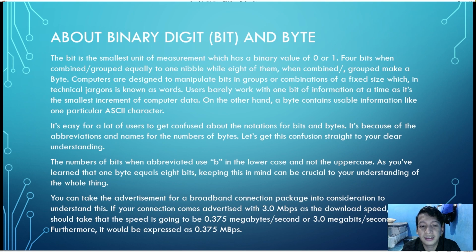Users barely work with one bit of information at a time as it's the smallest instrument of computer data. On the other hand, a byte contains usable information like one particular ASCII character.